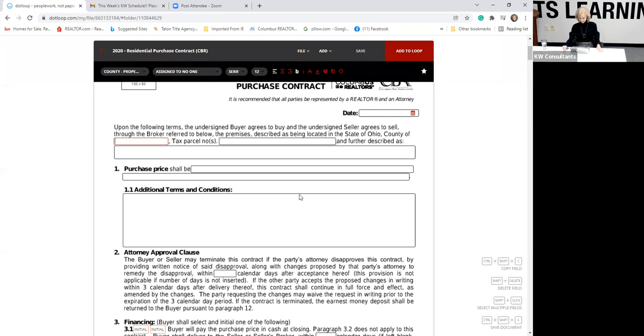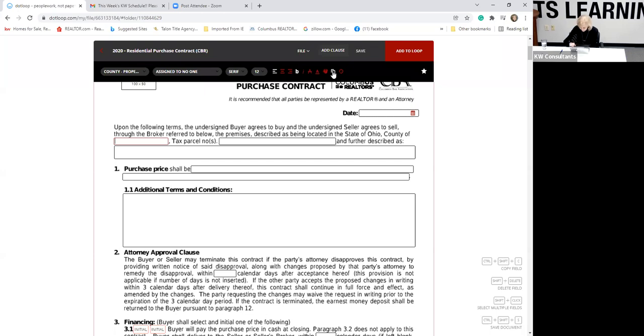Under additional terms and conditions, if you have, maybe it's contingent upon sale of another house or closing or winning a lottery or whatever contingencies you would have, that's where you want to put it. I'm on my little laptop, and it's a little bit hard for me to see, but you see where I'm pointing that says add a clause.